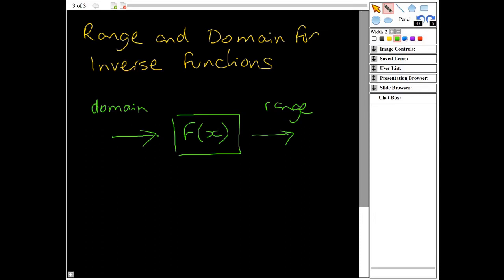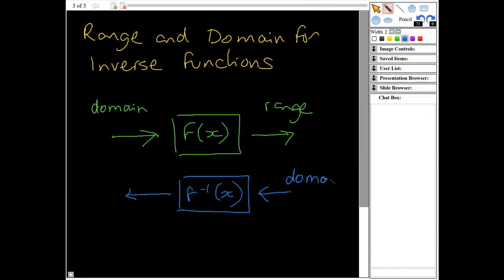Now, if I have my inverse function, that is designed to go back the other way. So if I take what I got out of my function and put it into the inverse function, I should get back the same thing. So this would be the domain, because it's what goes into the inverse function, and what comes out of it will be the range.